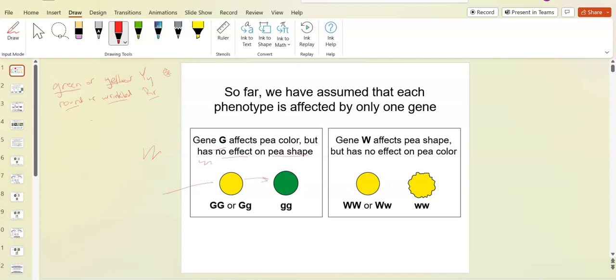Because it's the color gene, and in this case, it's green or yellow. And this particular gene has no effect on pea color, only shape. So these genes are independent of one another. They don't interact in an epistatic way, which we had already shown before, I think in the first lecture.